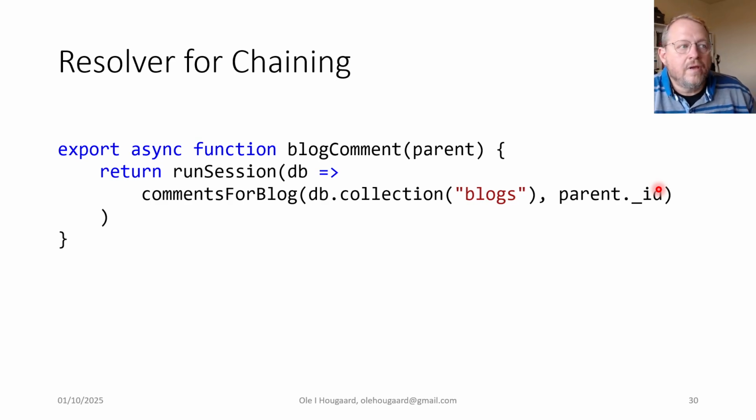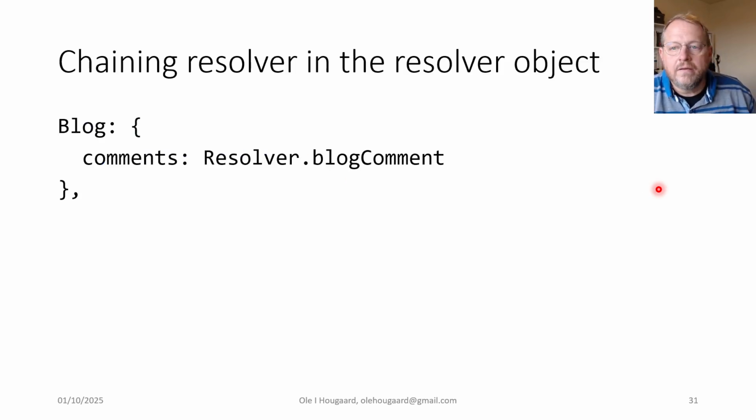And then in the big resolver object, we make a block property, and that property has an object, and that object has a property called comments, which is this function. So that makes it a method. So that's another way of writing methods in JavaScript. Right. So that's one special resolver for resolver chaining if you need it.